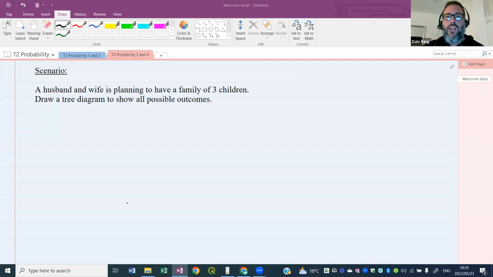You'll find that you run out of space and things get squashed up. It does look a lot like the heads and tails diagram because just like heads or tails, there's two options every time you do it. When you have a child, you only have two options of what that child could be, boy or girl.